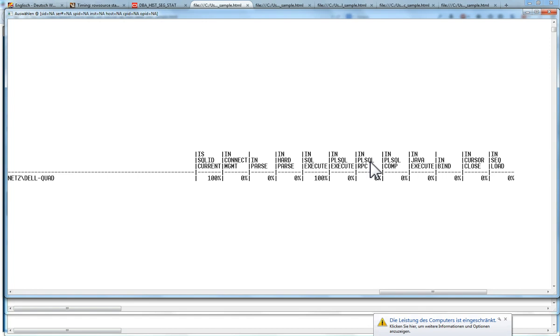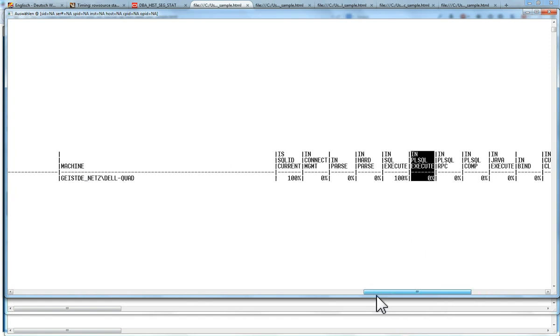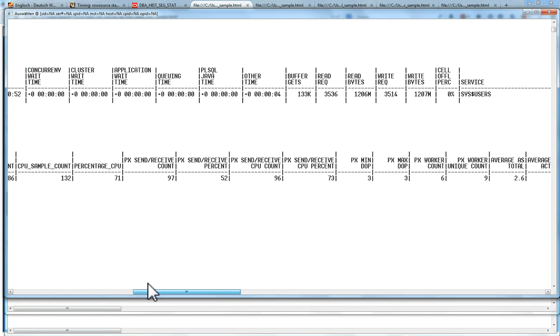So maybe sometimes this can be quite interesting. For example, it gives you an idea how much time on PL/SQL execution was spent in this execution. The same information would be available from real-time SQL monitoring in this PL/SQL Java time, database time. In this case, this is instrumented time, so this is rather precise information.